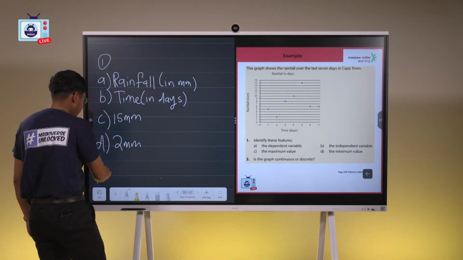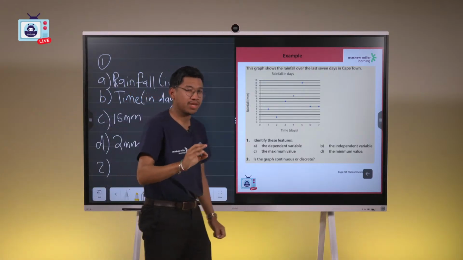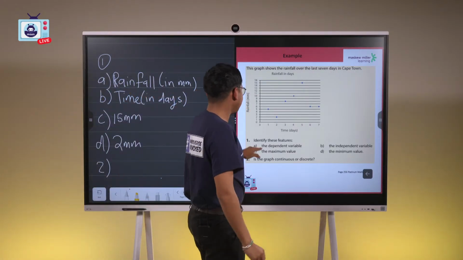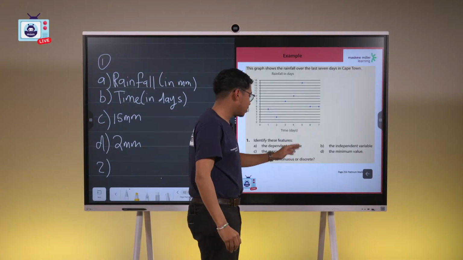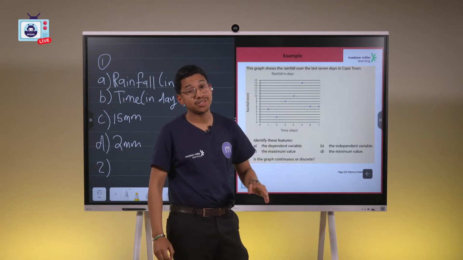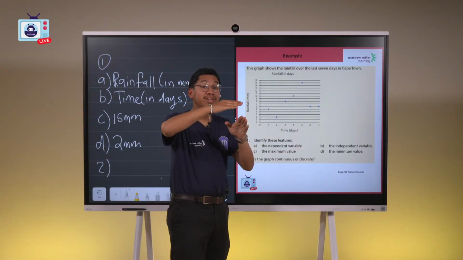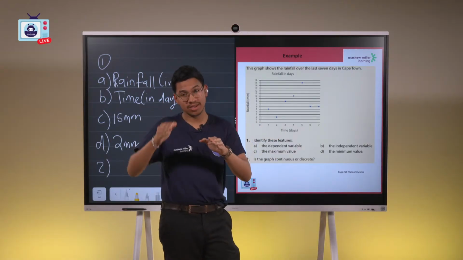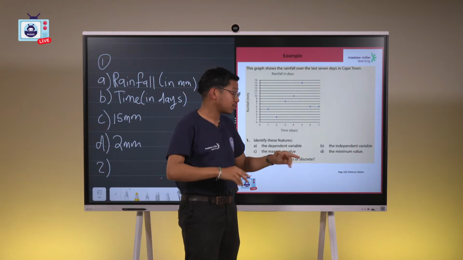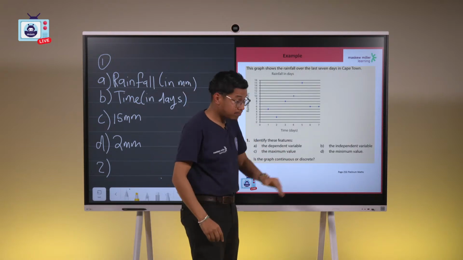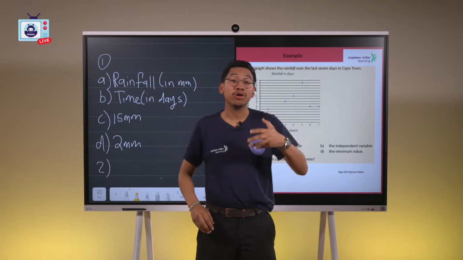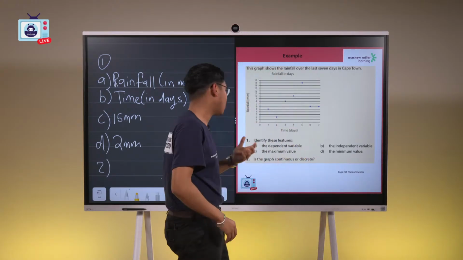And then to answer number 2, before we go for a very, very short break: is the graph continuous or is the graph discrete? Now remember, we said a continuous graph is a graph that has points but is joined by a line or it's joined by a curve. And discrete are just points in a Cartesian plane, points that are not joined by a curve or a line.